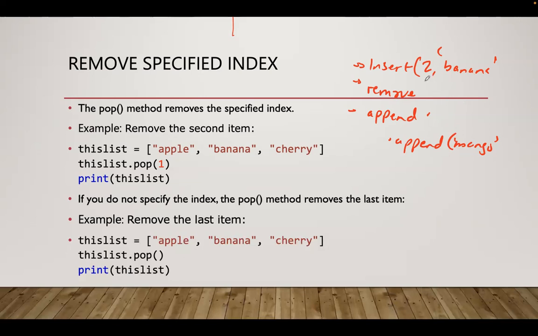So remove would have only 1 argument. If I want to remove banana, I say remove banana. If I want to append, I just append mango. The difference between append and insert is that insert will put in at an index. You can also insert between 1 and 3, and list what you have to insert.